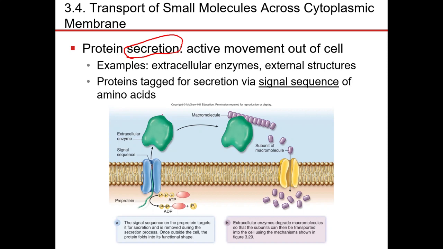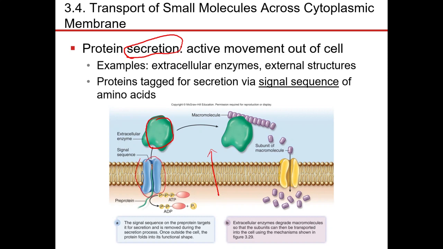As you can see, this is a very large enzyme that the cell has produced to be secreted. But an enzyme as large as this, there is no way it's going to be able to simply diffuse through the plasma membrane. Likewise, it is definitely not going to fit through a protein channel like this.